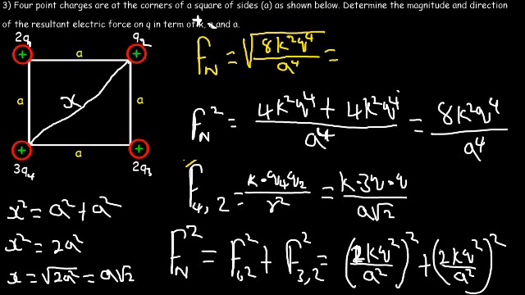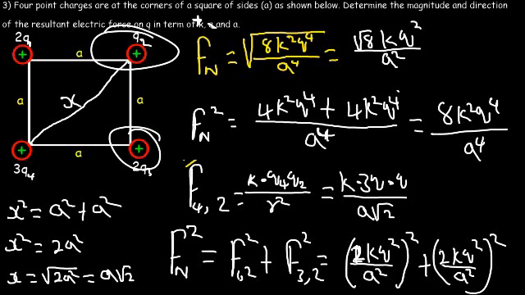So the square root can affect k squared, q raised to the 4, and a raised to the 4. And the answer will become square root of 8 multiplied by k multiplied by q squared, all divided by a squared. And this is the net force between f sub 1 comma 2 and f sub 3 comma 2.